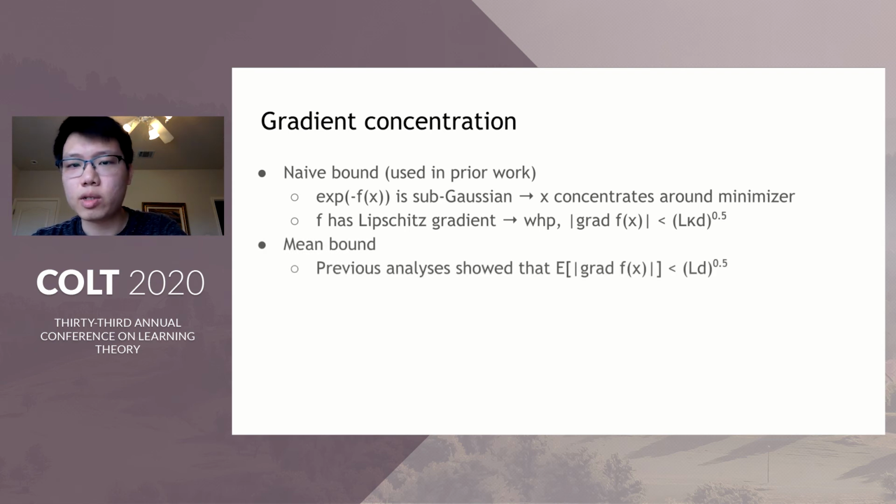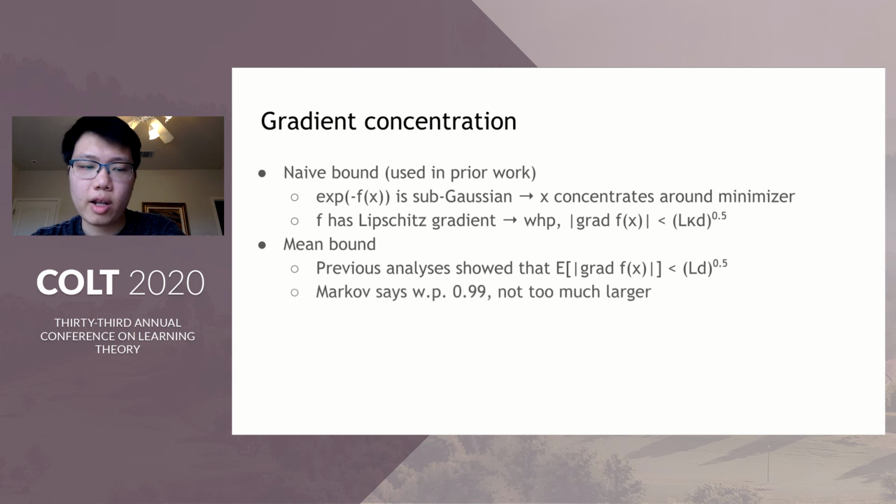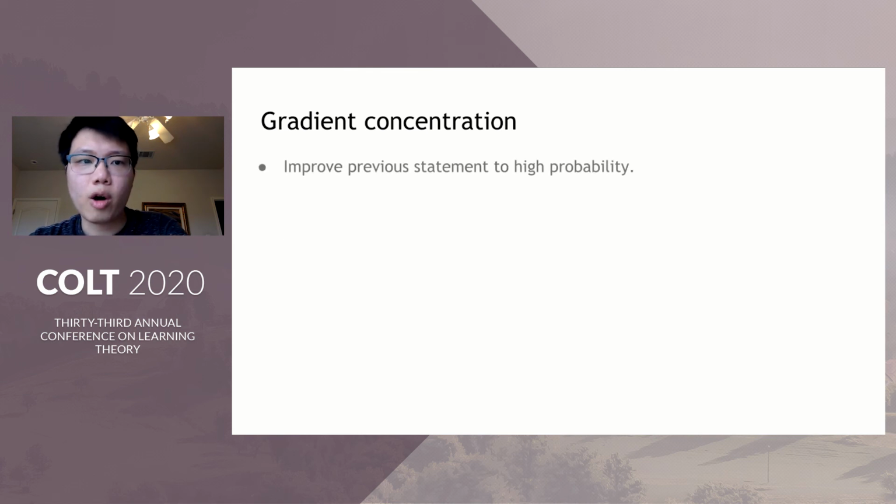Specifically, it showed that the expectation of the norm of the gradient was bounded by something that's roughly a square root kappa times better. And a simple application of Markov shows that with constant probability, the norm of the gradient cannot be too much larger than this, but there remains a gap between these high probability cases and the expectation bound. And our work basically improves the previous statement to high probability, closing this gap.